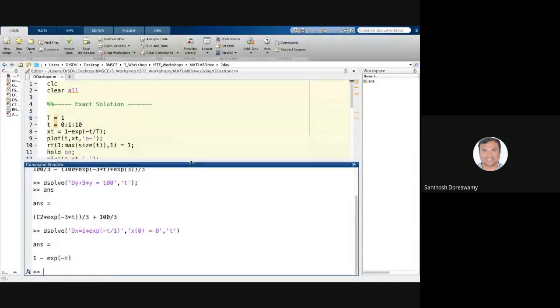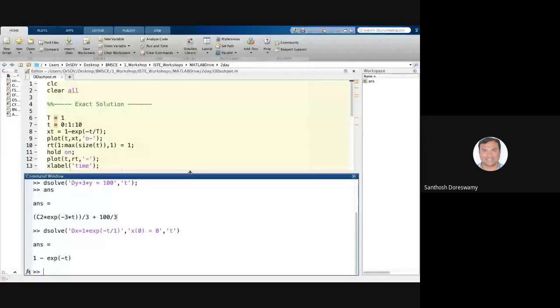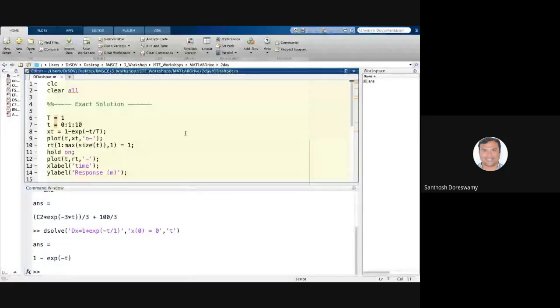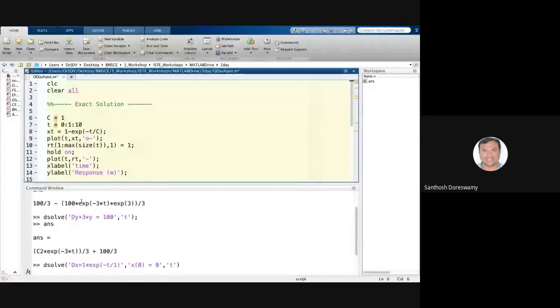What we'll try to do next is to plot the solution in time. So if you take your constant c as your dashpot constant, and if I take c to be 1 as what we have done here, we did it for c to be 1, right?